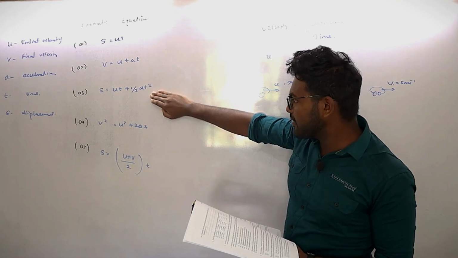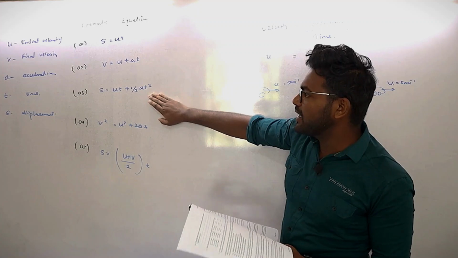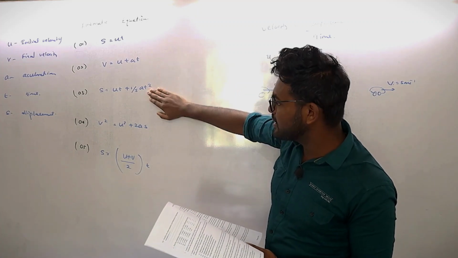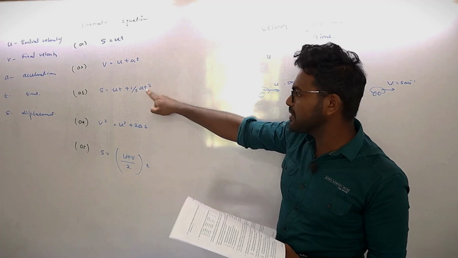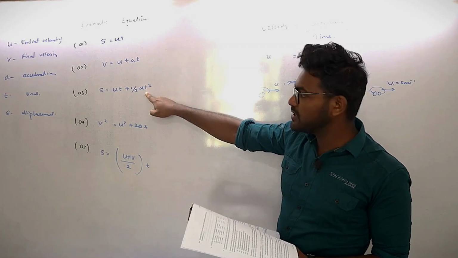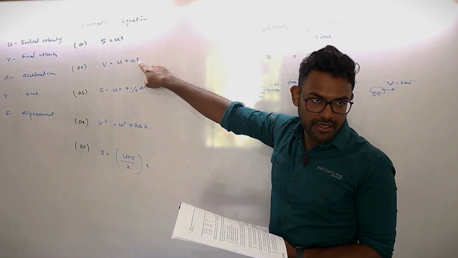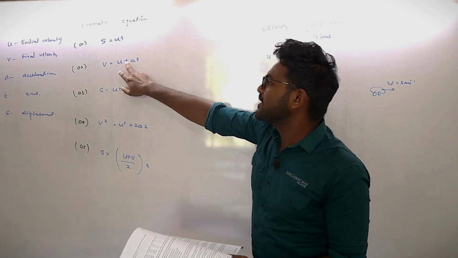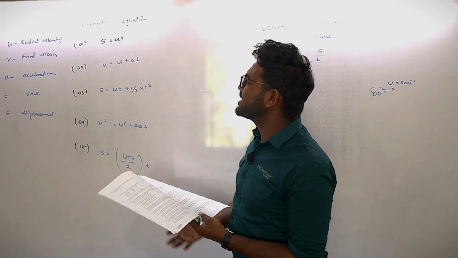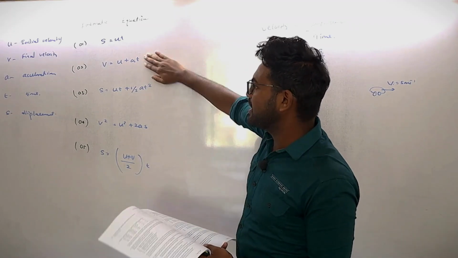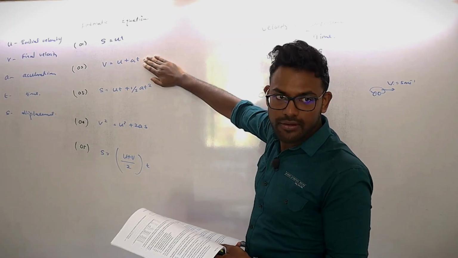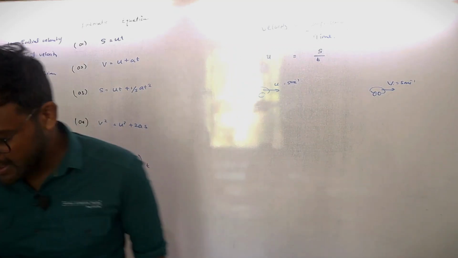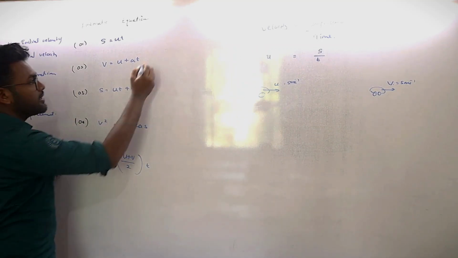And the displacement we need to find out, so you can use this. But again, I recommend that if you find the displacement from this equation, you need to substitute the t which you have calculated from the previous equation. Sometimes the time that you have calculated could be wrong.